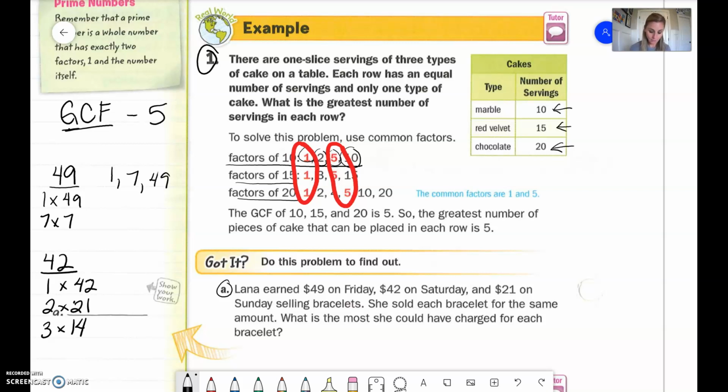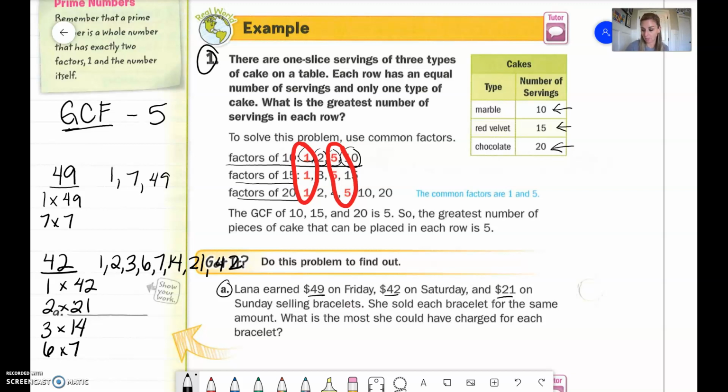Okay, 4, nope. 5, nope. 6, yep, 6 times 7. Okay, so notice there's more factors for 42. We have 1, 2, 3, 6, 7, 14, 21, and 42. Sorry, I kind of ran out of room. You'll see that happens.